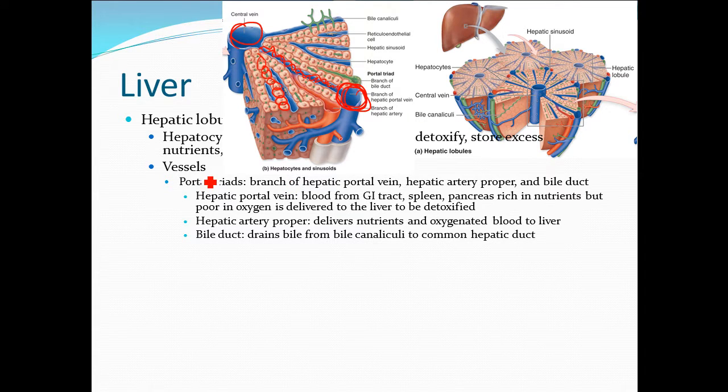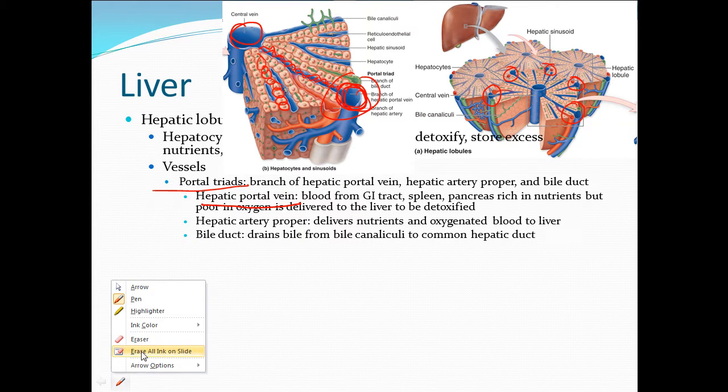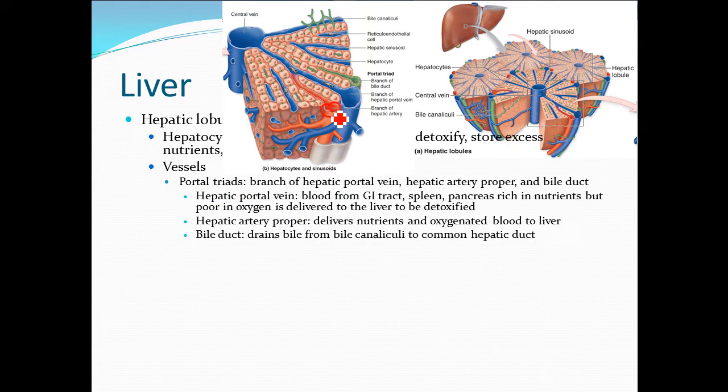Okay. When we're talking about these areas in between the hepatic lobules, these are called the portal triads. It's called the portal triad because of the hepatic portal venule that goes through it, and also because you find at that location a hepatic artery proper.